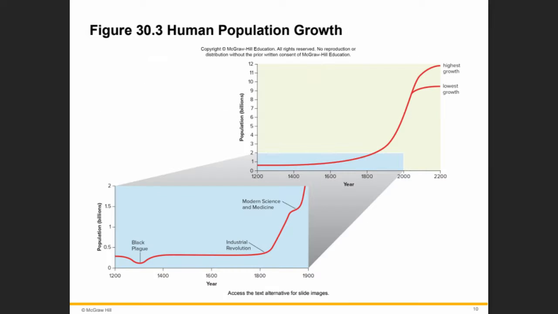Here in these two graphs, let's talk about the first graph.